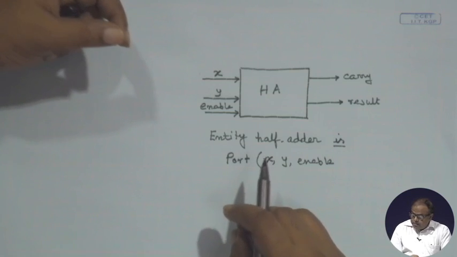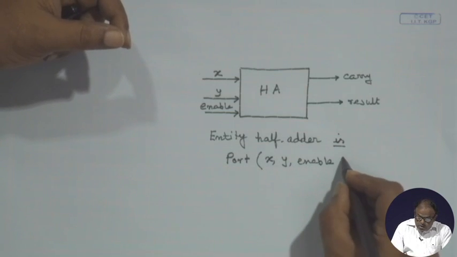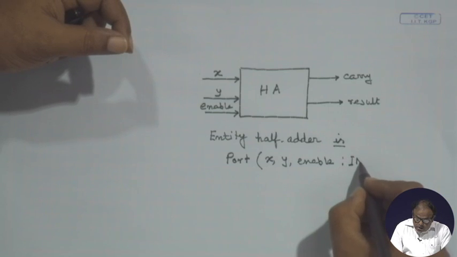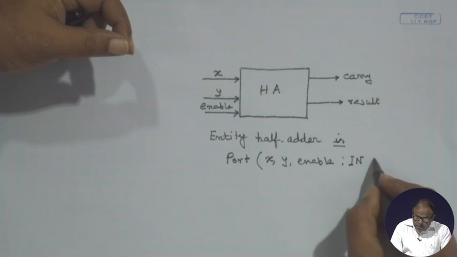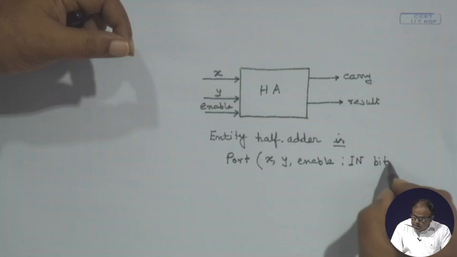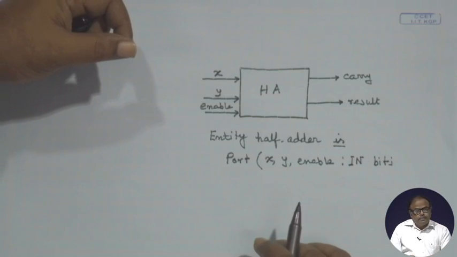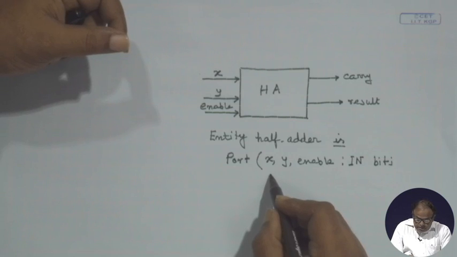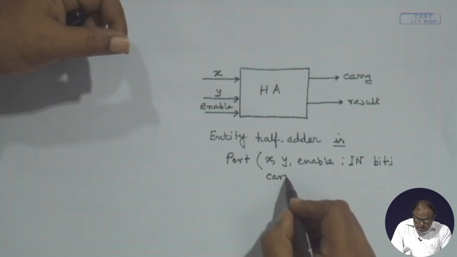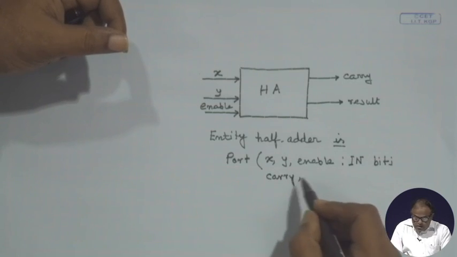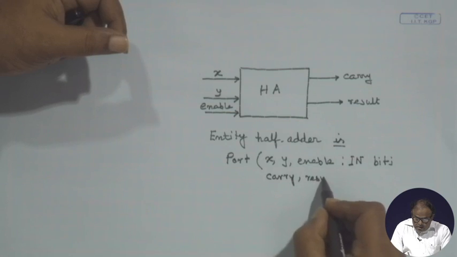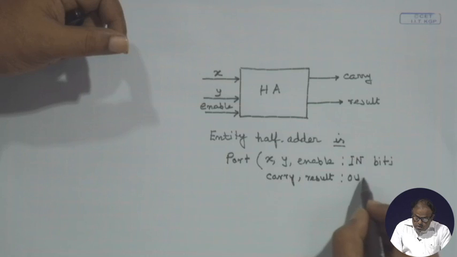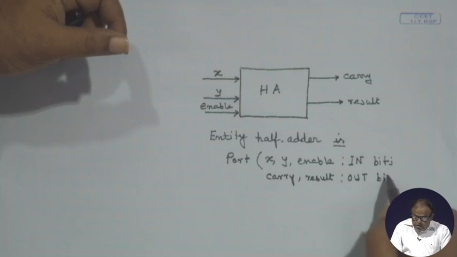These are ports which are input ports and of type bit, whereas carry and result are output ports and this is also bit.